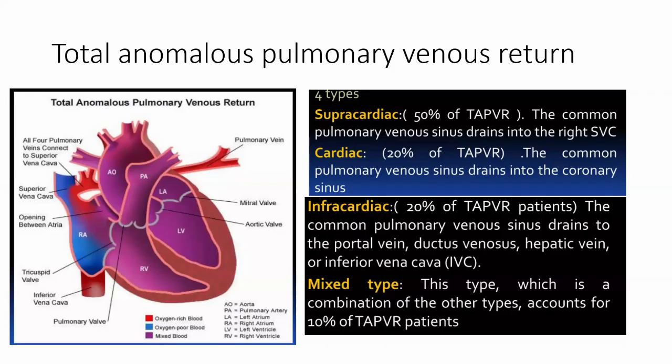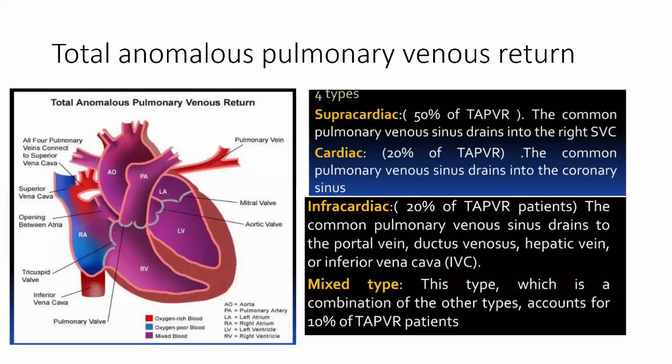The common one is the supracardiac, which drains blood into your right superior vena cava. And then you get your cardiac type, which basically drains blood into your coronary sinus.